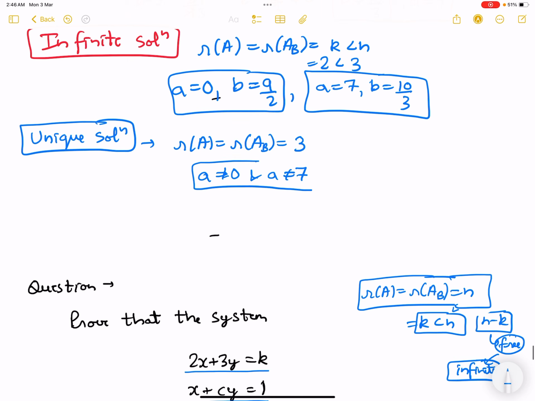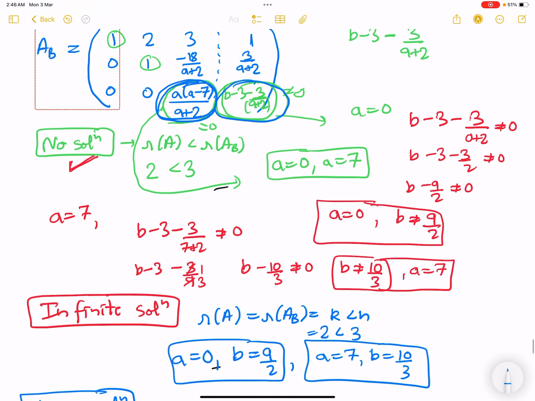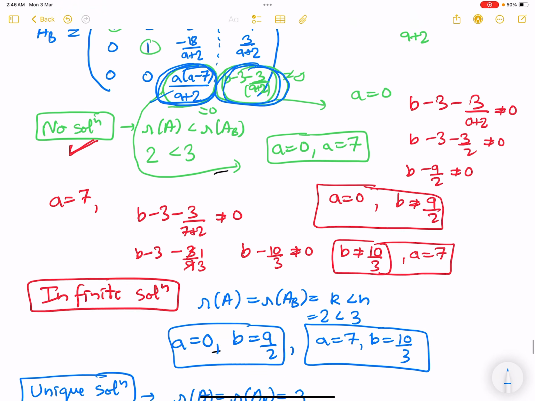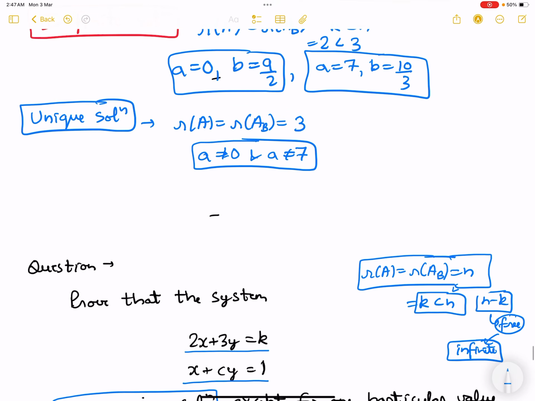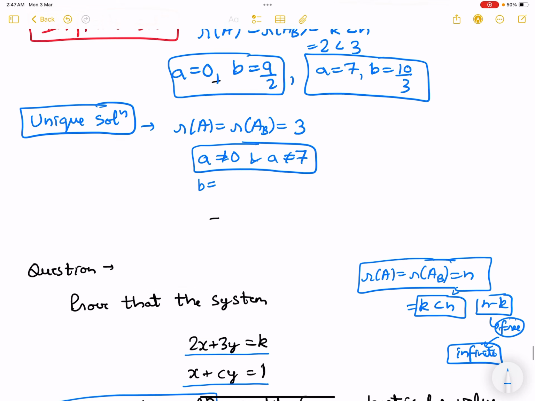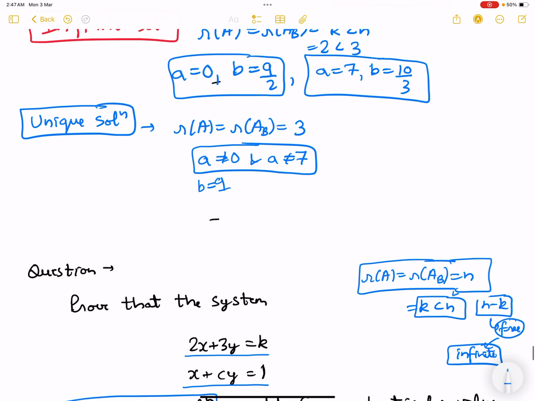And in that case, even if this is 0, it won't matter. This will give you the exact value. So if this is 0, x1 and x3 could be 0. So a is not equal to 0 and b is not equal to 9 by 2 corresponding to this, and b should not be equal to 10 by 3.